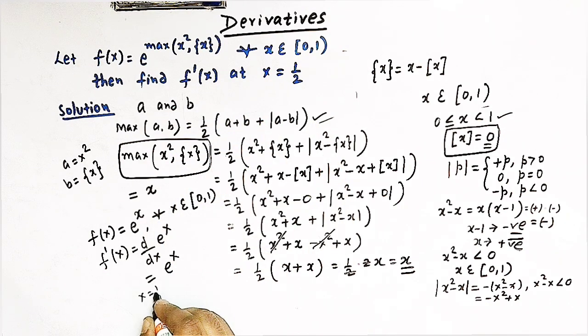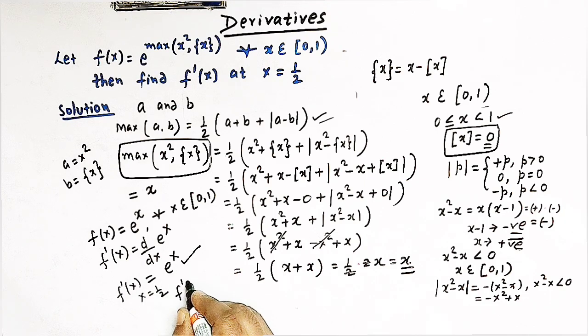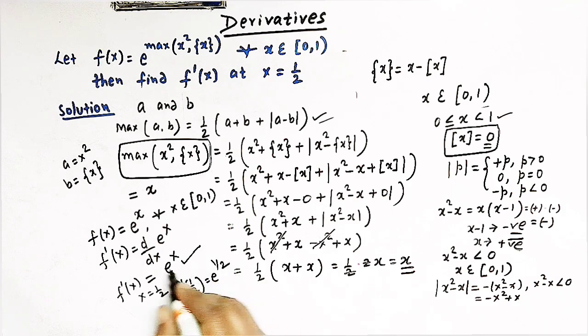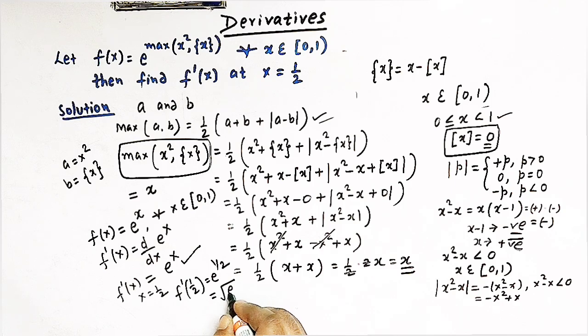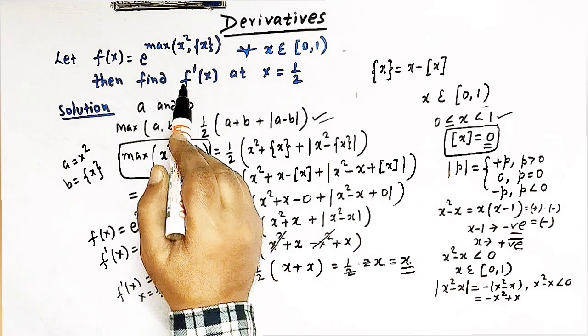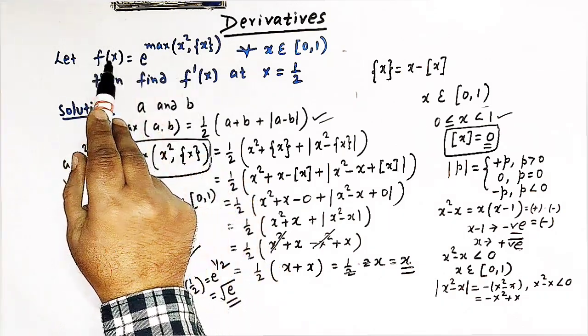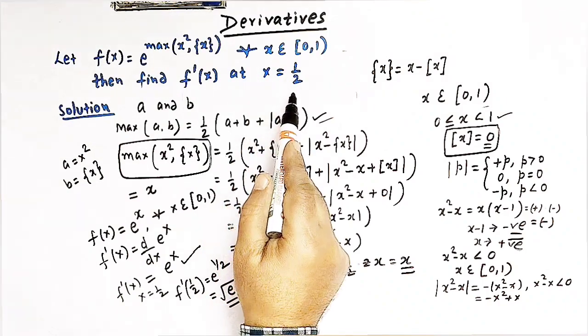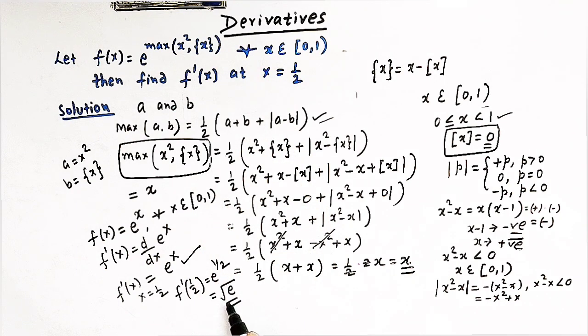So taking x is equal to half in this expression, we have f prime of half is equal to e raised to half, right? Which can also be written as square root of e. So the derivative of f of x at x is equal to half is equal to square root of e.